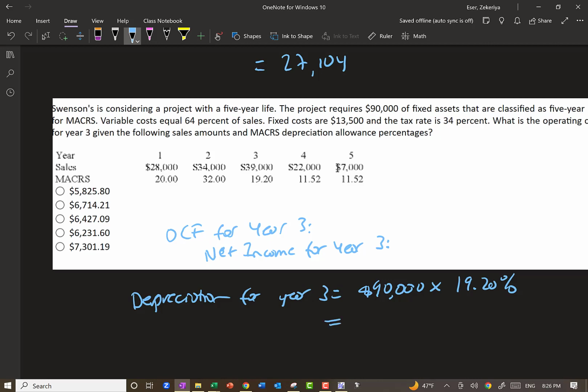And I'm gonna calculate that in my phone. That's 17,280. All right.